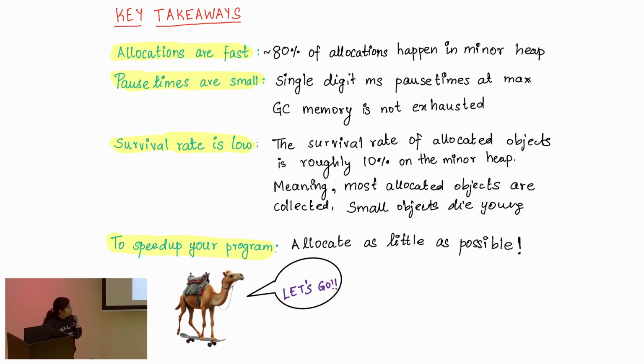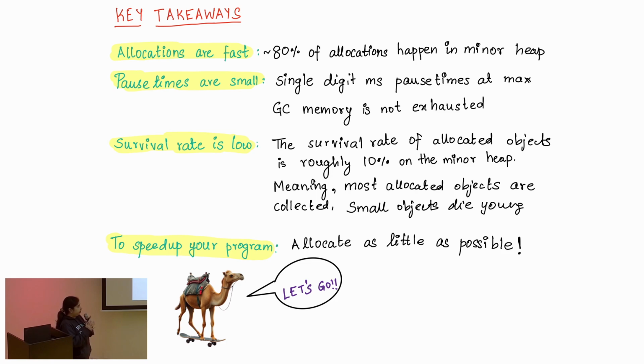But before I dive in, these are the key takeaways I expect would be useful for folks writing OCaml programs. Allocations are fast. A large chunk of the allocations happen in the minor heap, and minor heap allocation is fast. I will justify that in just a bit. Also remember that the pause times are small.